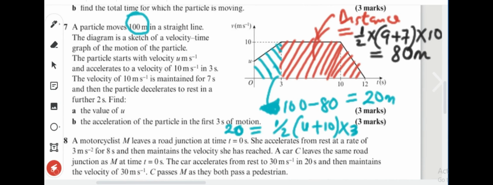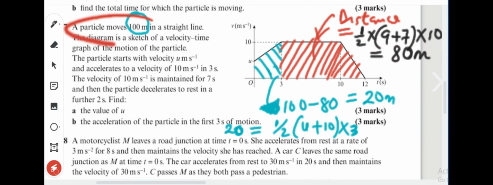Oh, we made a slight mistake here. 9 plus 7 is actually 16. 16 times 10 is 80. So this area shaded in red is 80 meters.